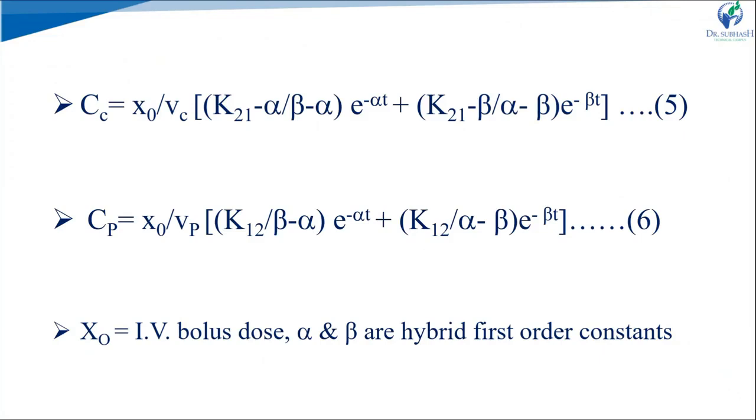For the peripheral compartment, Cp is equal to X0 upon Vp times K12 upon beta minus alpha, e raised to minus alpha t, plus K12 upon alpha minus beta, e raised to minus beta t. Here X0 is the IV bolus initial dose. Alpha and beta are the hybrid first order constants for the rapid distribution phase and the slow elimination phase respectively. K12 and K21 are the first order rate constants for distribution, and Ke is for elimination.